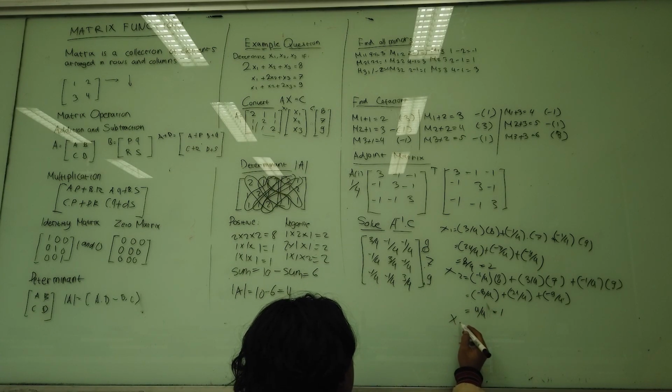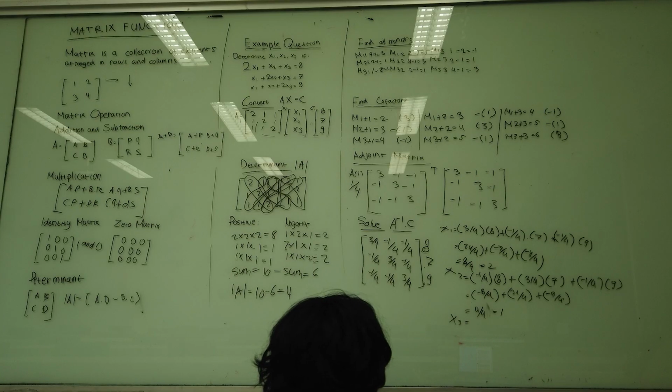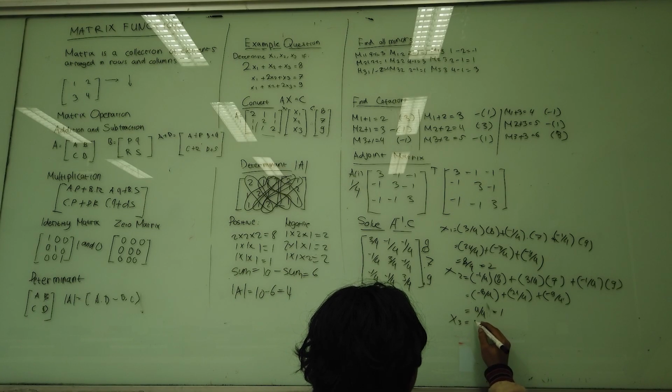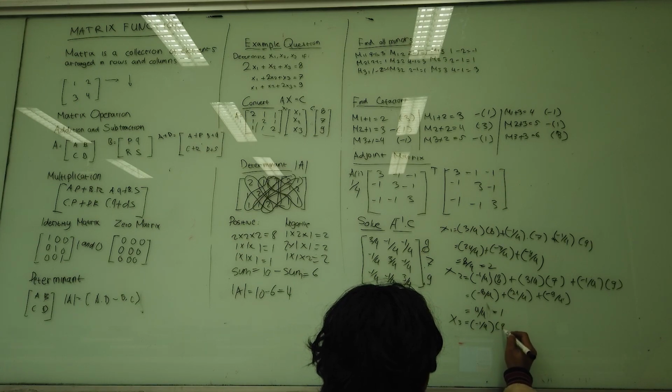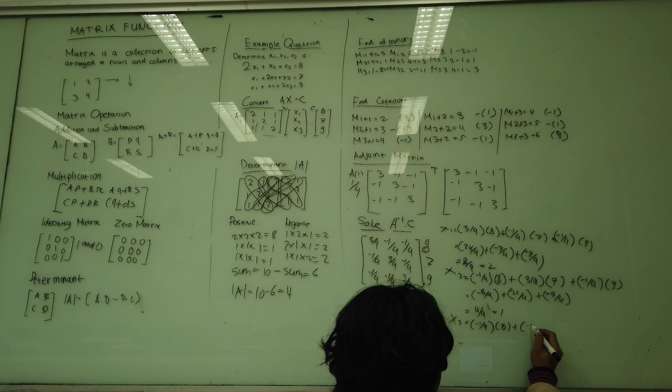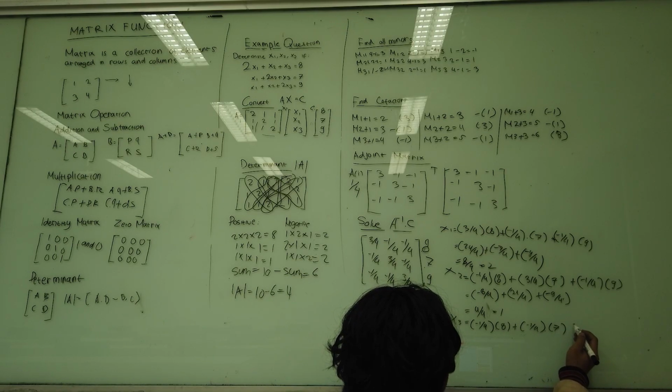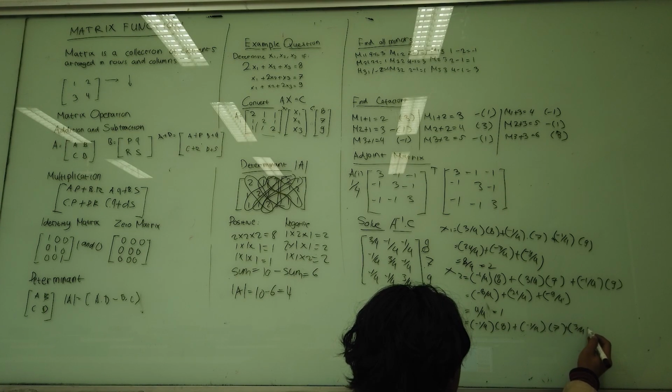And then for the last one is x3. Again, minus 1 per 4 times 8 plus minus 1 per 4 times 7 and 3 per 4 times 9.